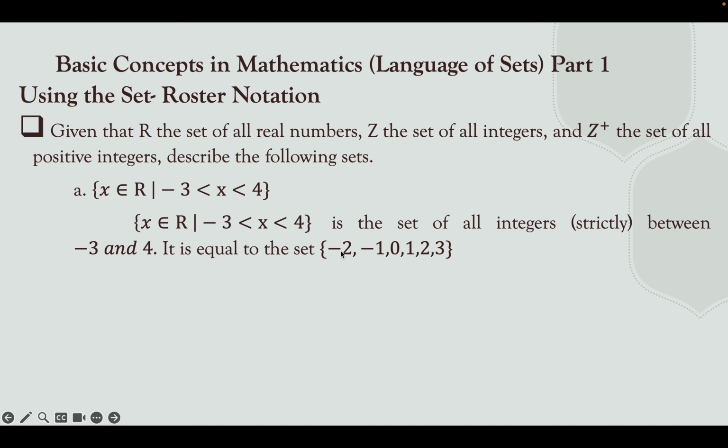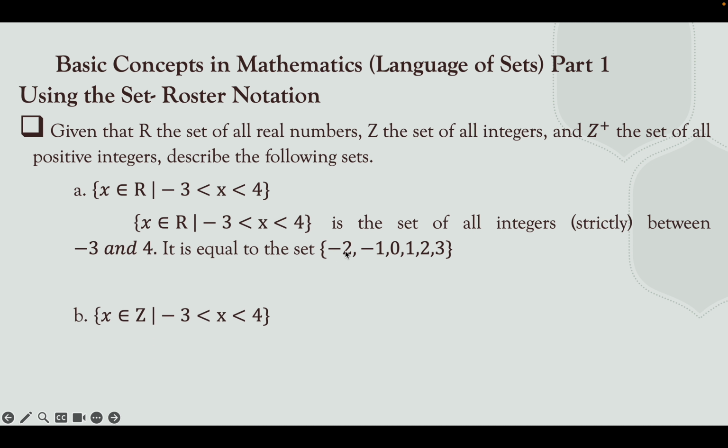So that is -2, -1, 0, 1, 2, and 3. We need to remember, if we use less than and greater than symbols, or inequalities, that means the terms are not included. When you use less than or equal or greater than or equal, the terms are included. So for example here, negative 3 less than x less than 4 means negative 3 and 4 are not included in your given set.